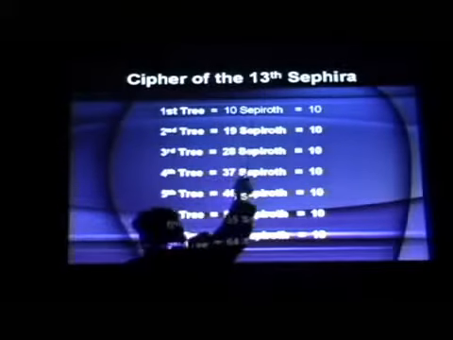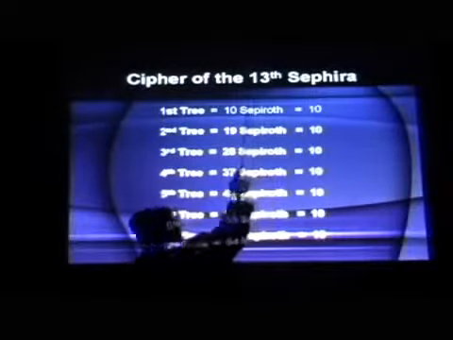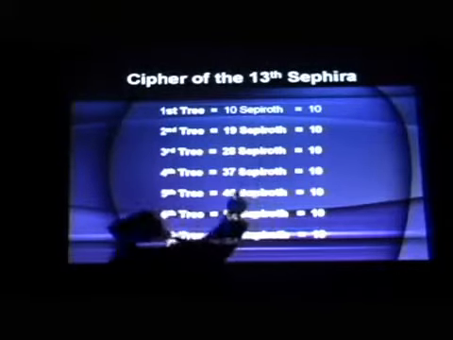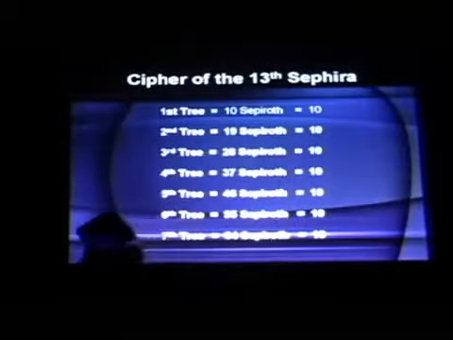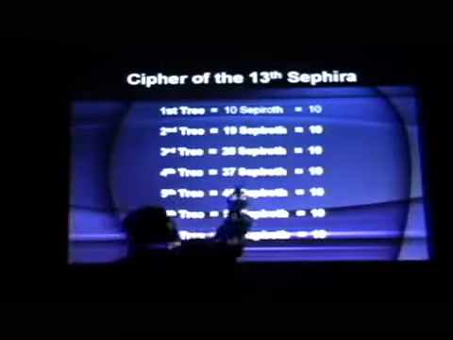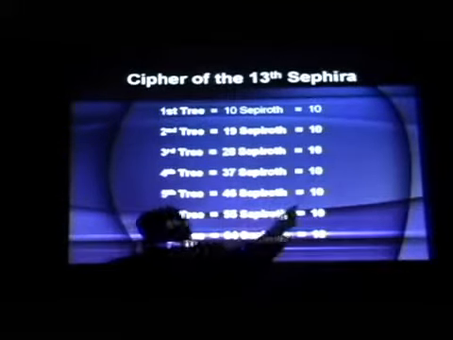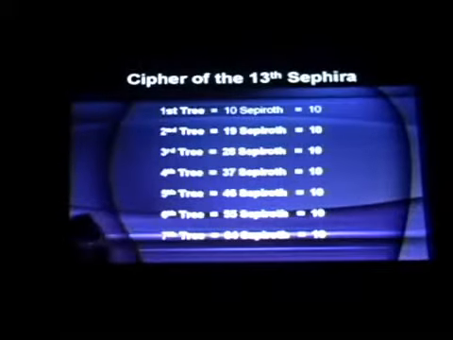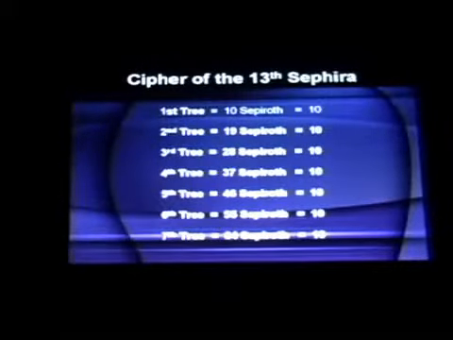So the first tree is 10 Sephiroth. But harmonically exacerbated by 9, the second tree becomes 19, then becomes 20. Again, the third one goes by another 9, it goes to 28. It goes to 37. It goes to 46. It goes to 55. It keeps going back to what? Yes, because there is no other number past that.